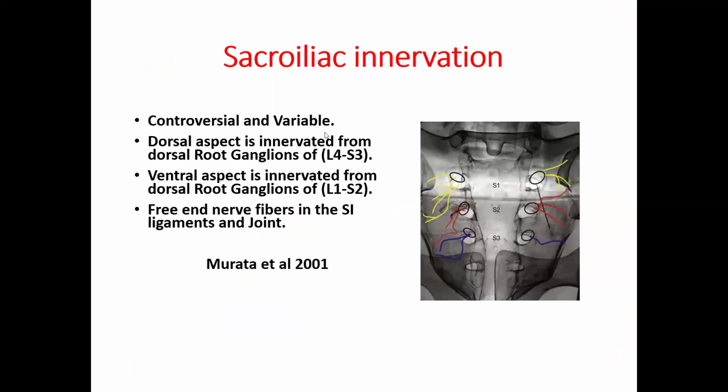Sacroiliac innervation is controversial, but generally speaking, the dorsal aspect, which is the part that we have access to under X-ray, is from the dorsal root ganglion of L4 to S3, basically the lateral branches, and then from the ventral aspect from L1 to S2.